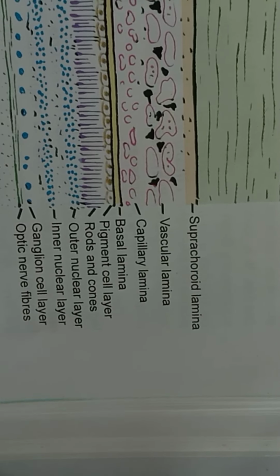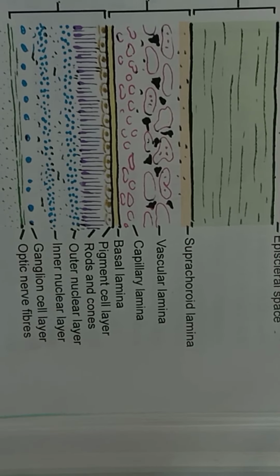It may also have some pigmented cells, and this gives the choroid a dark color. This dark color makes the interior of the eye dark and also prevents the reflection of light. By these two factors it helps in sharp vision, mainly because sharp images form on the retina.